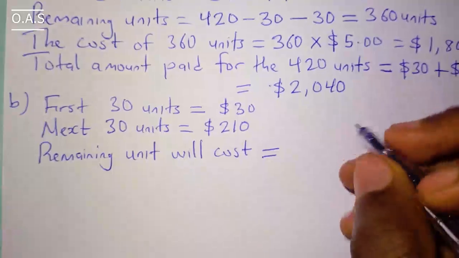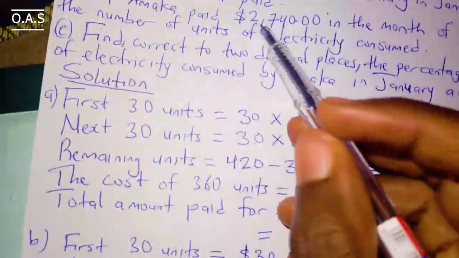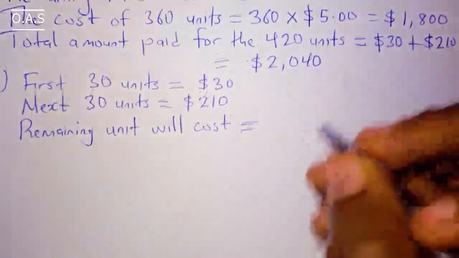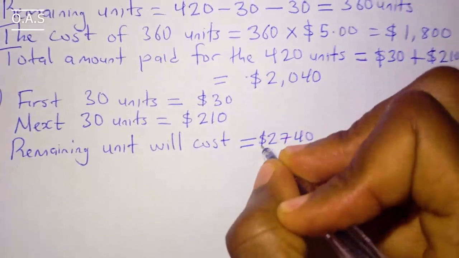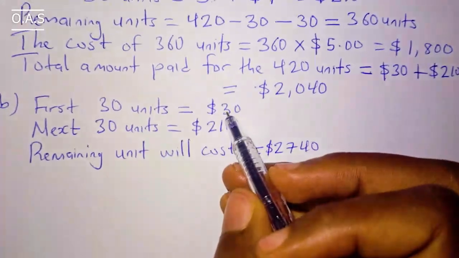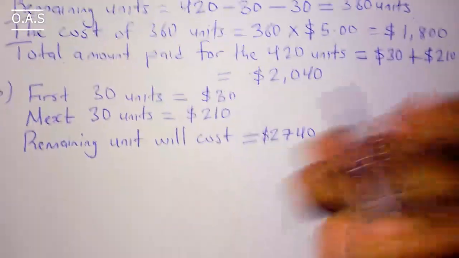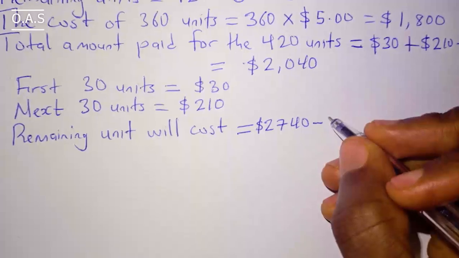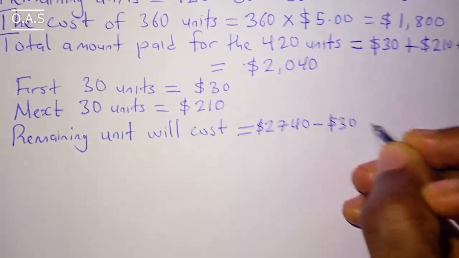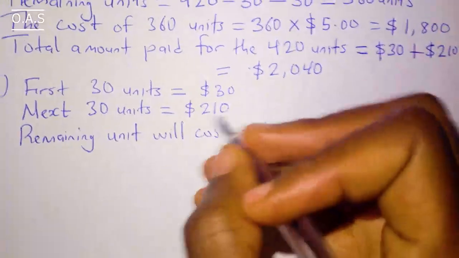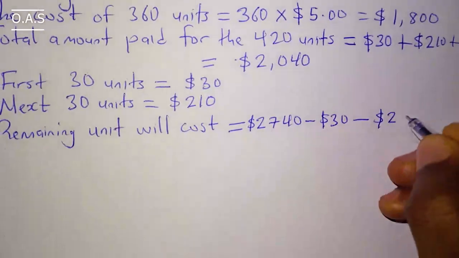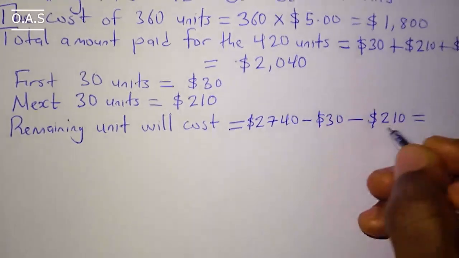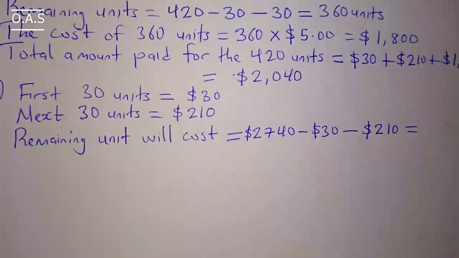So the remaining units will cost, since she consumed $2,740 for the month, I will say the first 30 will be $30. So we'll remove the first $30 minus the next 30, which makes it to be 60, will cost $210.